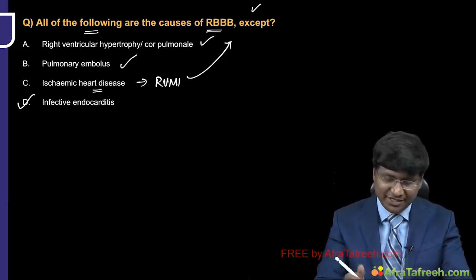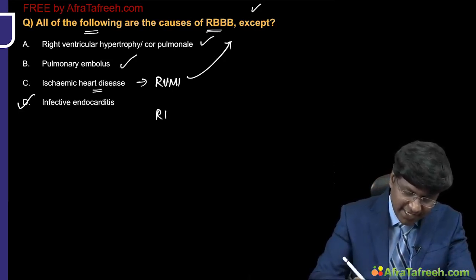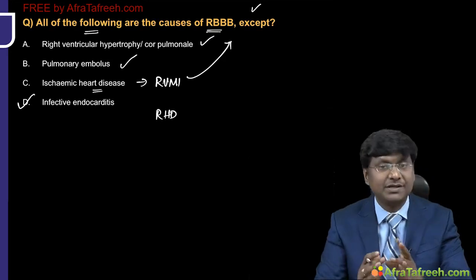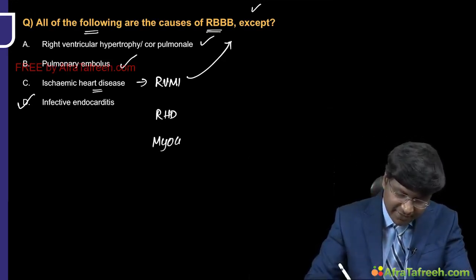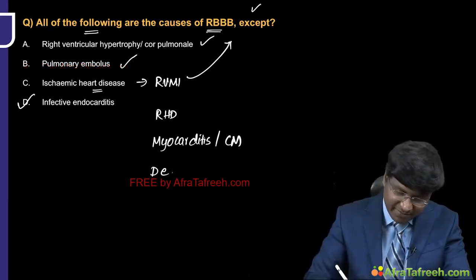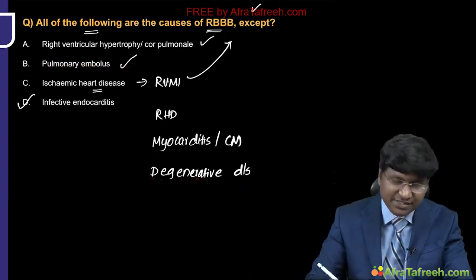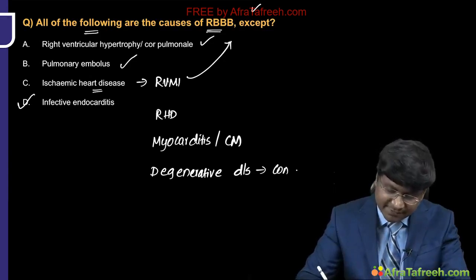Now, what are the other conditions for RBBB apart from the first three options? You can also have RBBB in patients with rheumatic heart disease. You can also have the development of RBBB in patients with myocarditis or cardiomyopathy. You can also have the development of RBBB in degenerative diseases of the heart, or degenerative diseases of the conducting system.